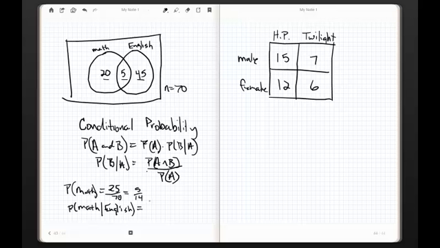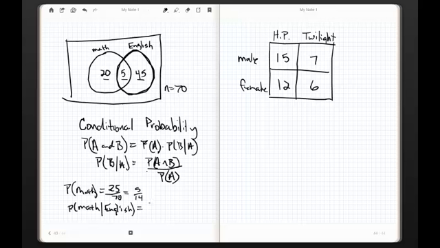Now, watch close. Because this says given English, that means our sample space has been reduced down to this set, because this is the set of given English. So what is the probability of finding a math student given that they are taking English?